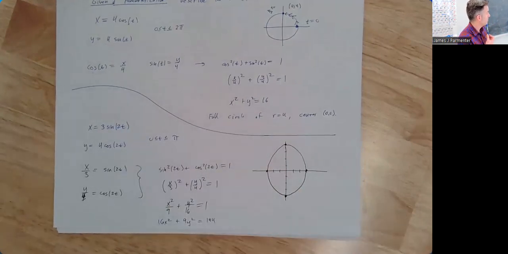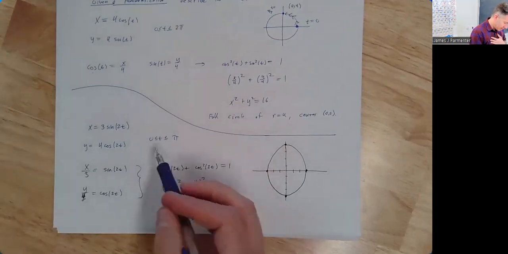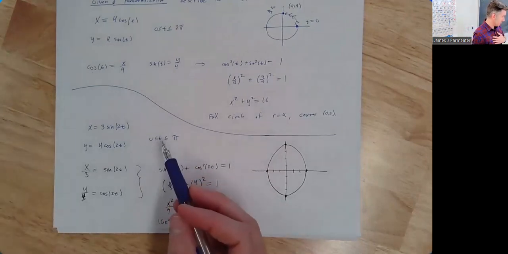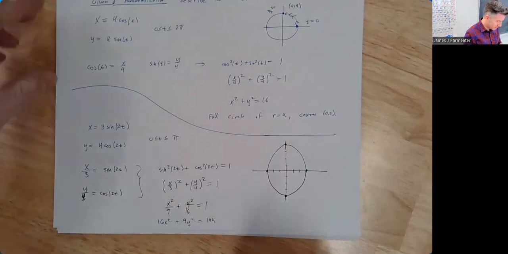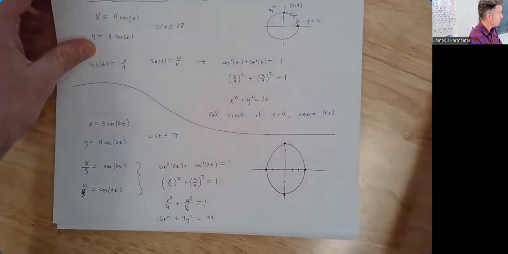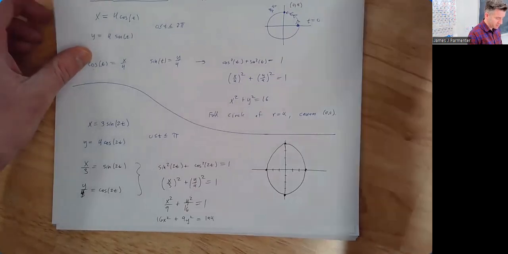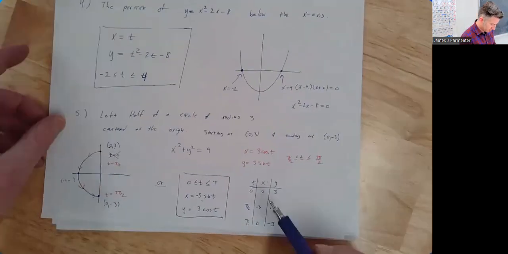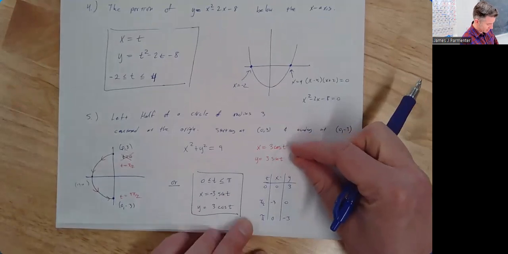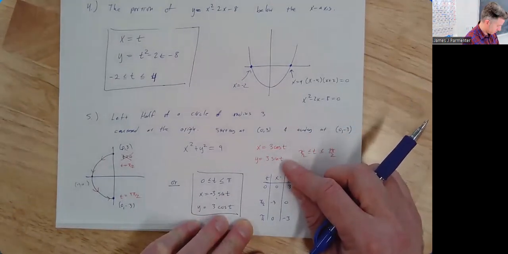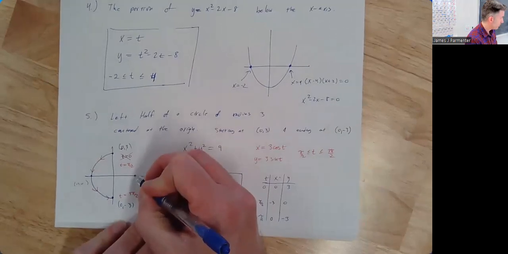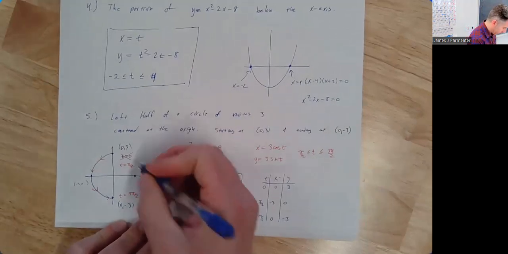So long as it's a circle, it doesn't matter which is which. It matters depending on what your domain for t is, it'll change where you start. Back to the previous example, if I was doing x equals 3 cosine t, y equals 3 sine t, and I started at t equals 0, that would have started over here and then gone counterclockwise.